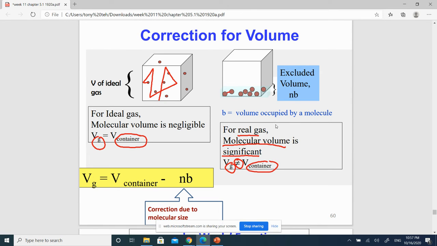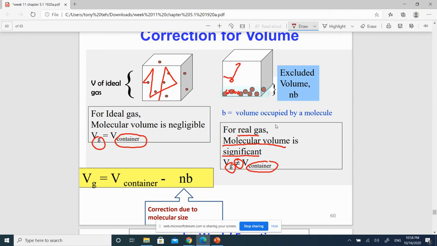For example, these two molecules are attracted to each other, so if another gas molecule wants to move, it can only move in this space. This part it can no longer move into, because it is already occupied by the molecule. So we use the correction nb.